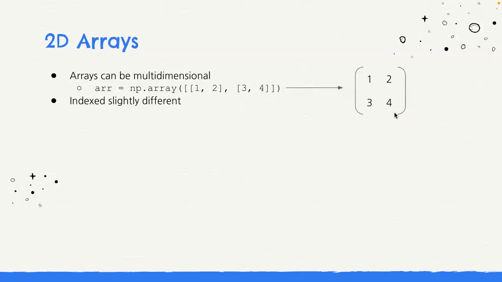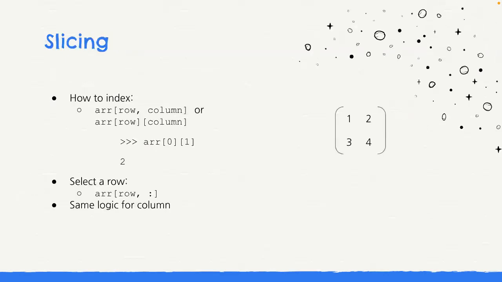These are indexed slightly differently than lists and regular 1D arrays. These ones can be a little bit more challenging to think about and to conceptualize, but hopefully after this lecture and after discussion next week, it's a lot easier to understand. So when we want to index into a 2D array, we put our brackets, and then if we want a specific value, we put the row number and the column number.